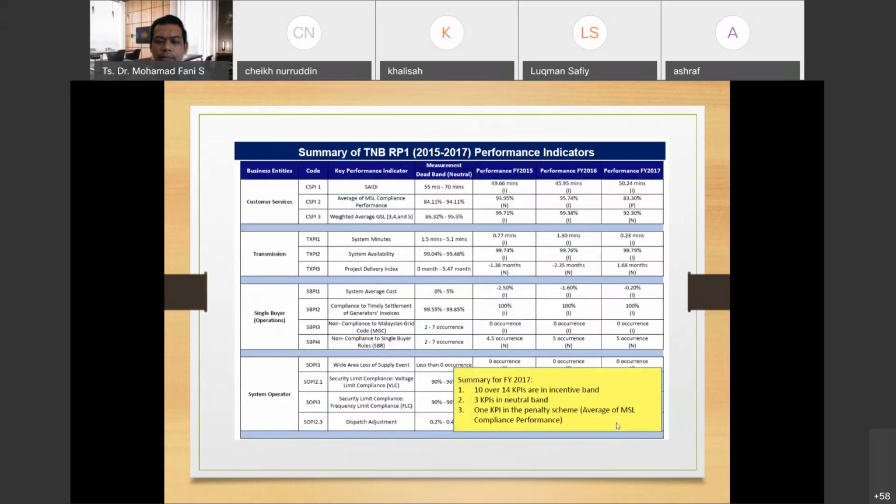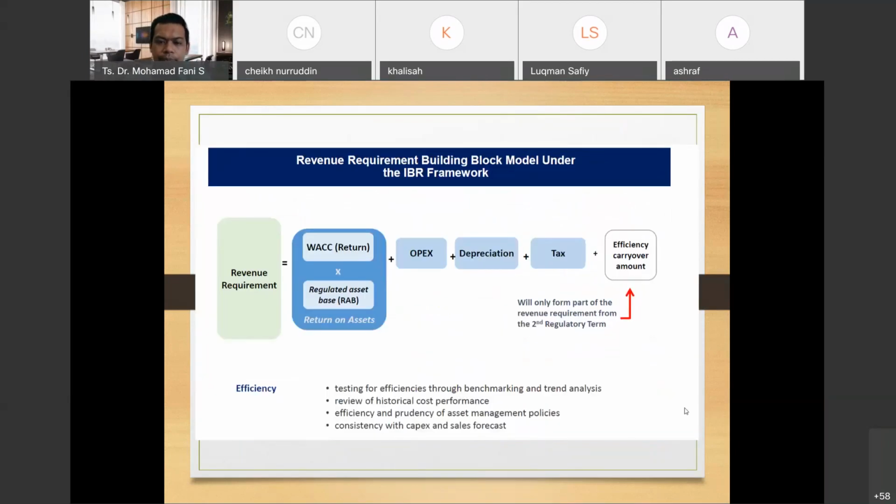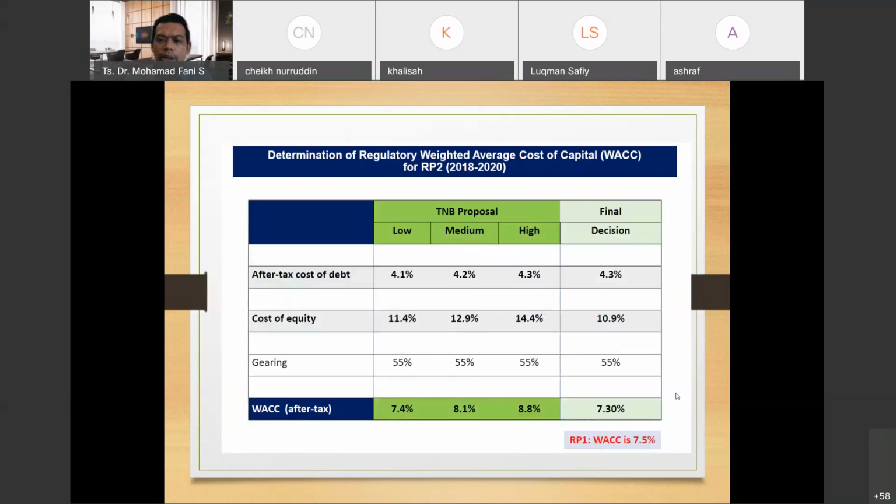This one is an example of the KPIs that must be achieved by the TNB, for example customer survey, the SAIDI, interactions per minute, etc. This performance must be achieved so that TNB will have the opportunity to get more revenue, when they declare the WACC, weighted average cost of capital.